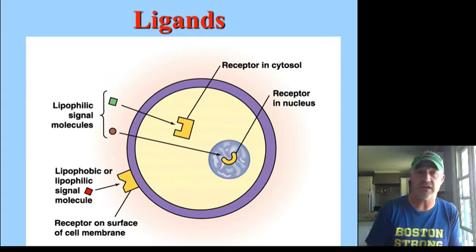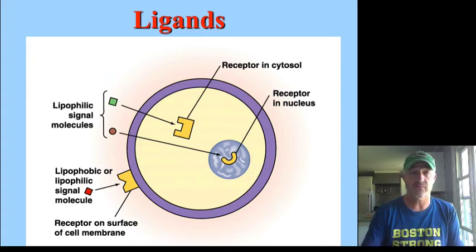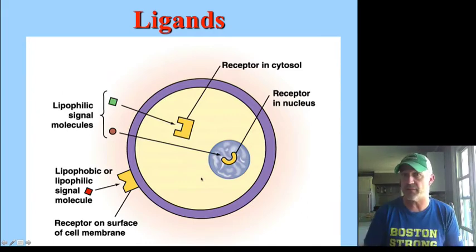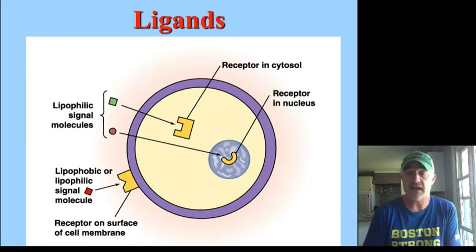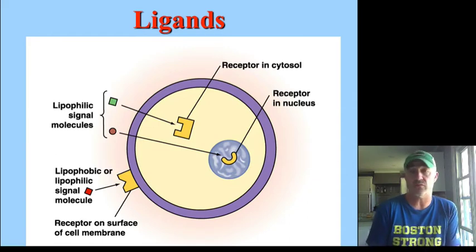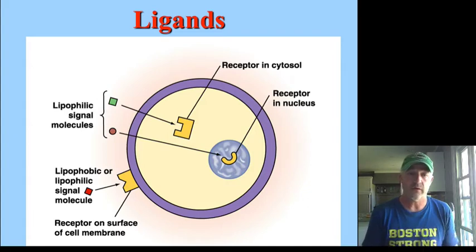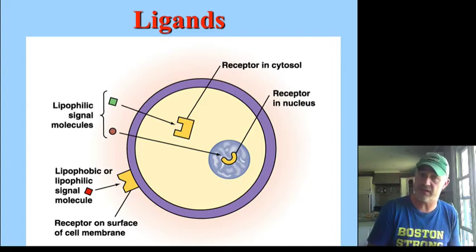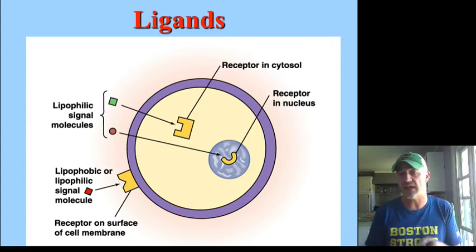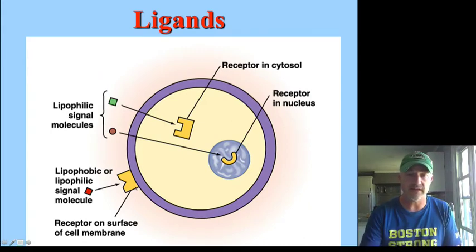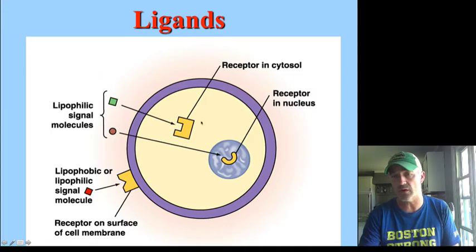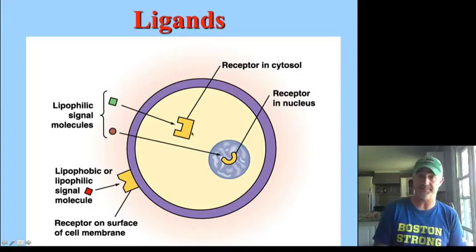If we talk about testosterone, estrogen, progesterone, these are what we would call lipophilic signaling molecules. They are lipid-based, cholesterol-based hormones. A lot of these things are capable of going through the membrane and binding to receptors inside the cell, where a lot of our proteins and other types of signaling molecules have to bind to cell surface receptors. So a lot of times we talk about ligands needing a second messenger system or being able to enter directly into the cell.